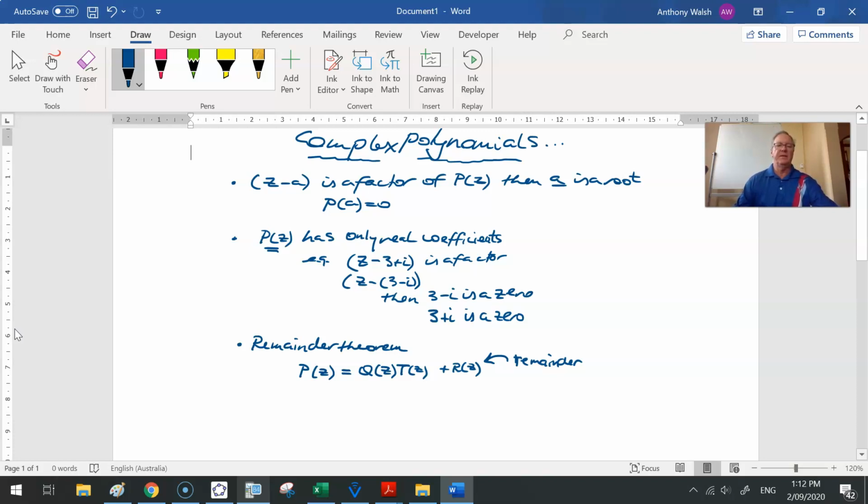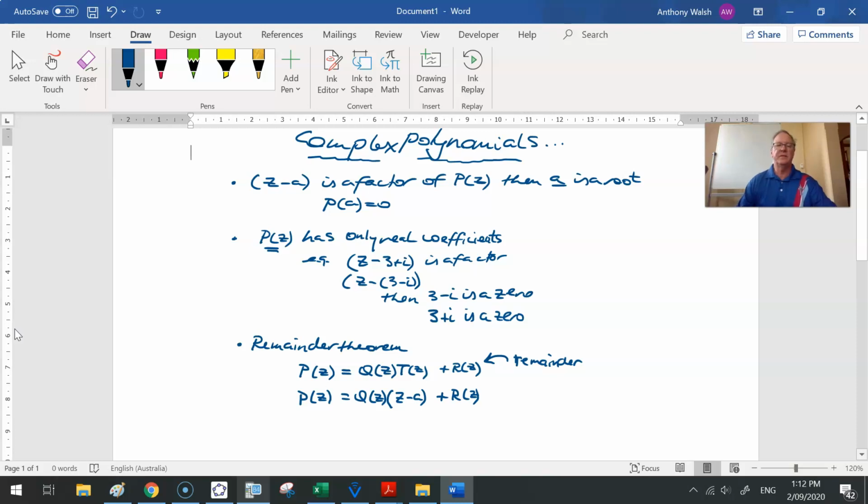Now the remainder theorem says this: if you've got some polynomial, in terms of q(z), and one of those factors happens to be z minus a, and still say that there is a remainder with respect to z.